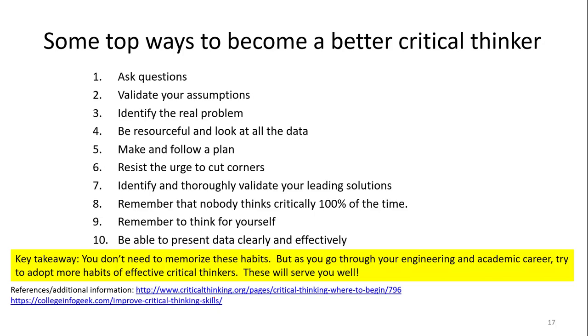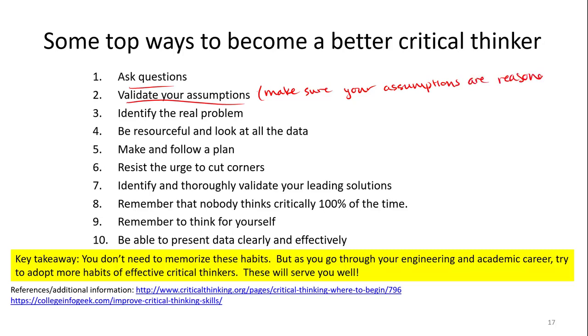So notice what these habits are. Asking questions. Validate your assumptions. Make sure your assumptions are reasonable, right? Also, identify the real problem.